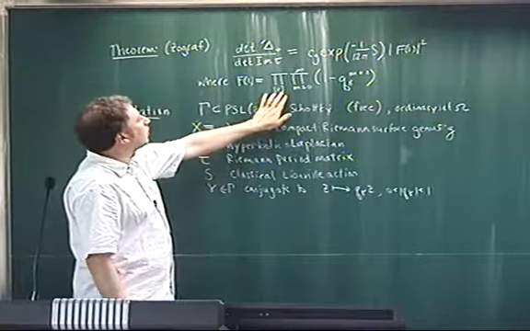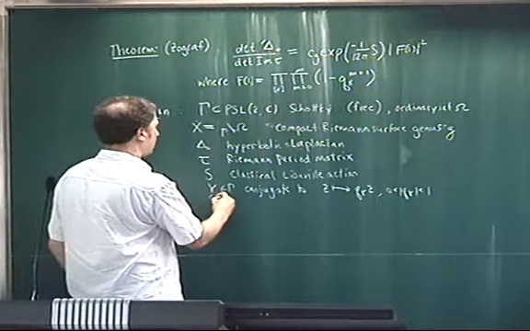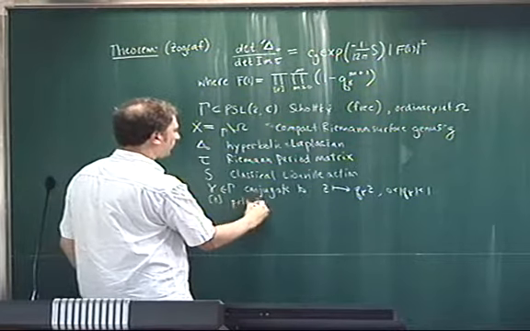And the square bracket here is primitive conjugacy class.